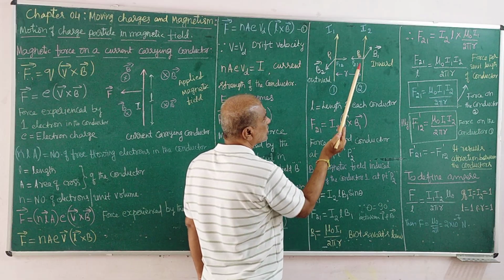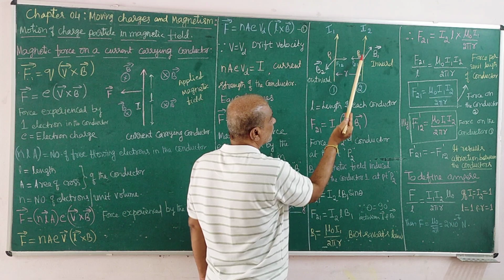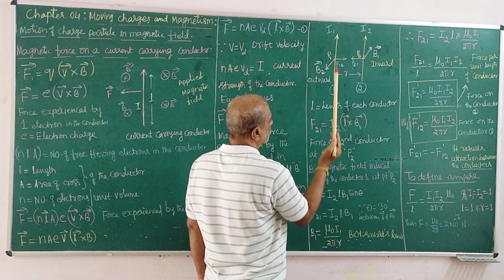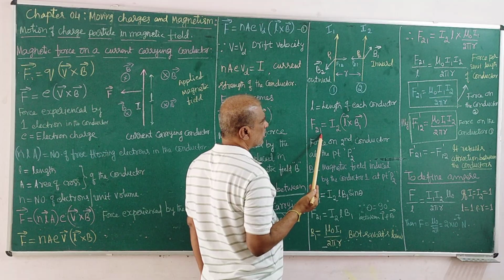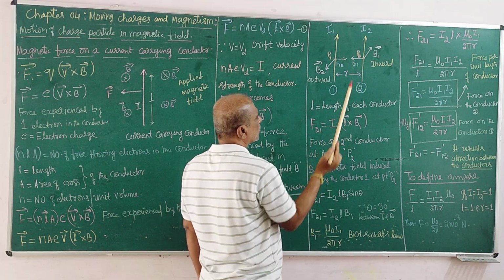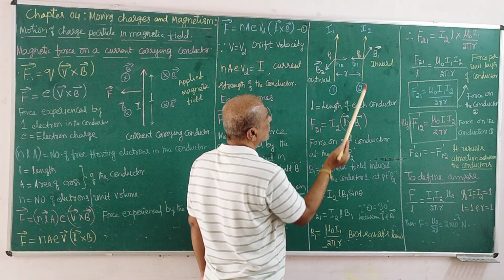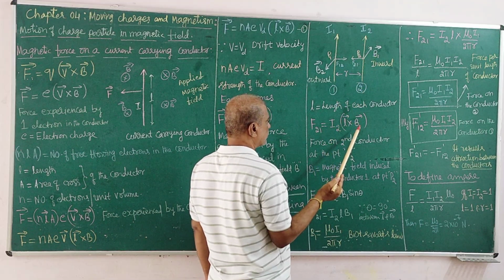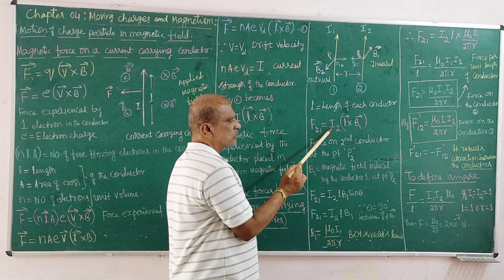The force at this point on this conductor, magnetic force due to this conductor, force on 2 by 1. You write this, what is that I? Current in the conductor is I2, length of the conductor is L, magnetic field at this point is B1. Same equation is written like this.